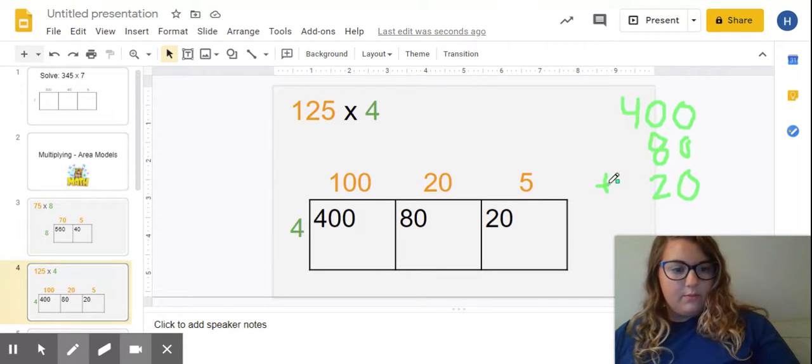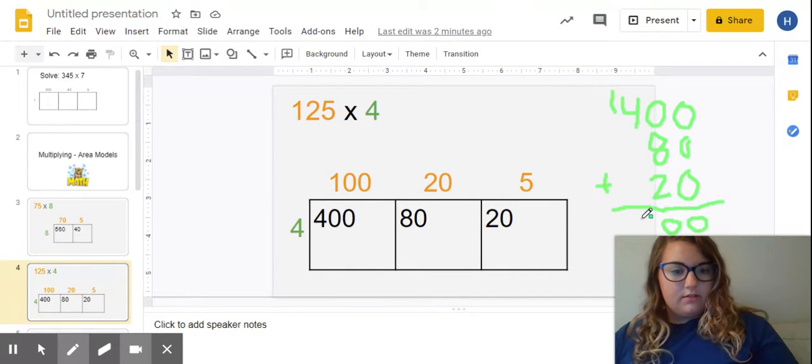starting with my ones, which will give me a 0, 8 plus 2, which gives me 0 tens and 1 hundred.